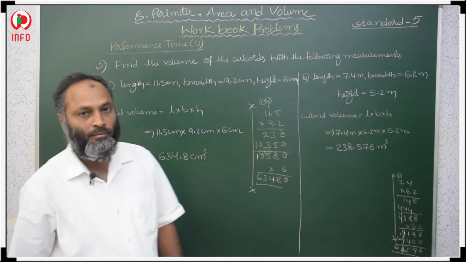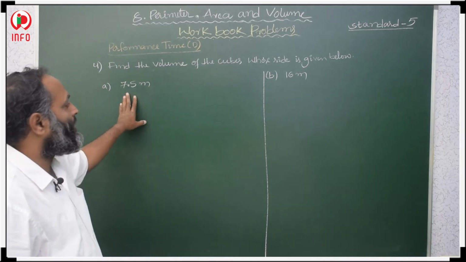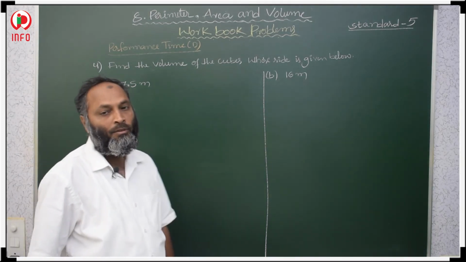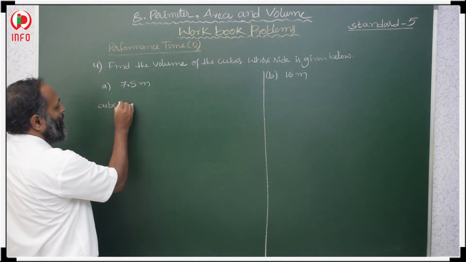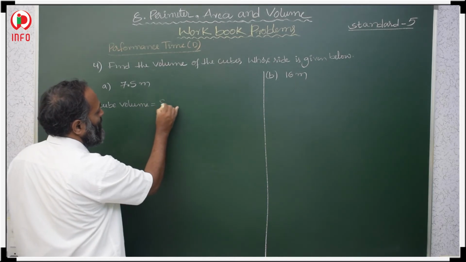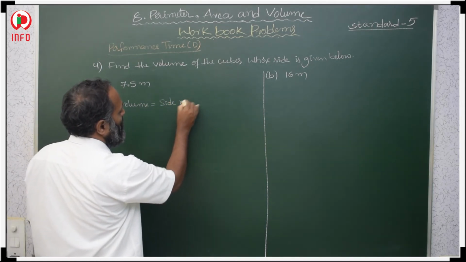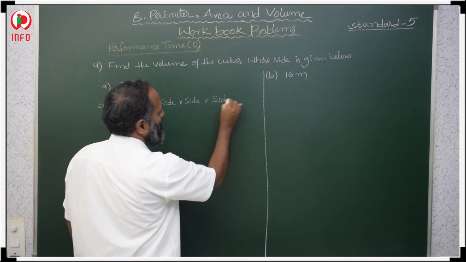Now, find the volume of cubes whose sides are given. So, we have to find the volume. Cube volume is equal to side into side into side, 3 times.